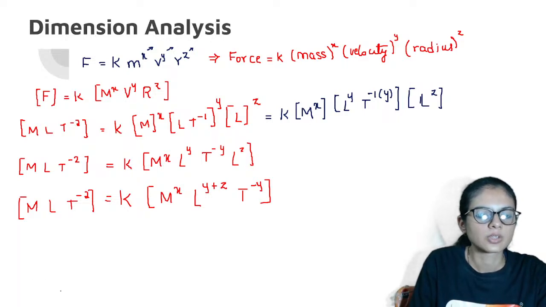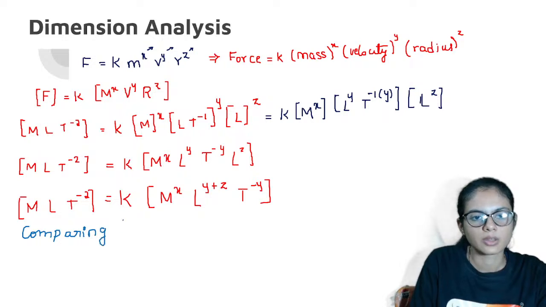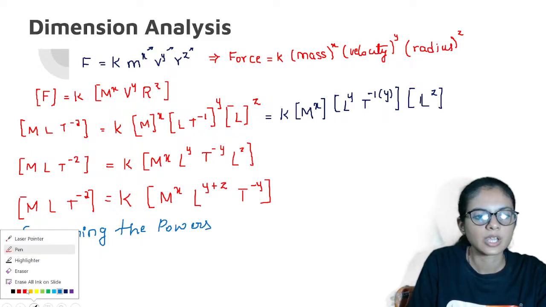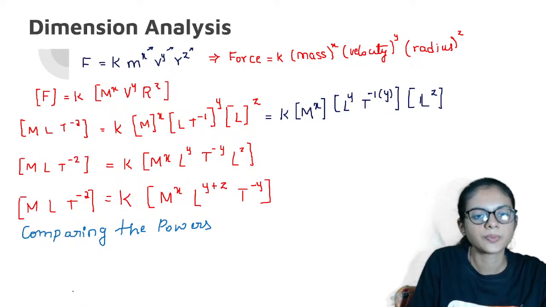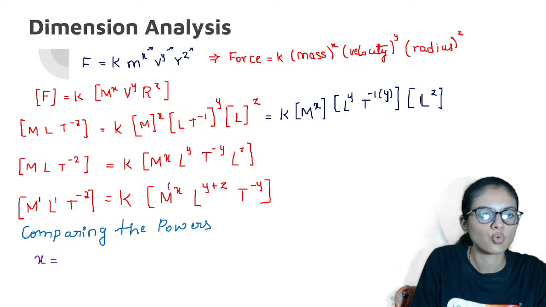Comparing the powers. So if I compare the powers for m, what is the power for m? In the right hand side, it is x. And in the left hand side, if there is nothing present here, it means it is 1.